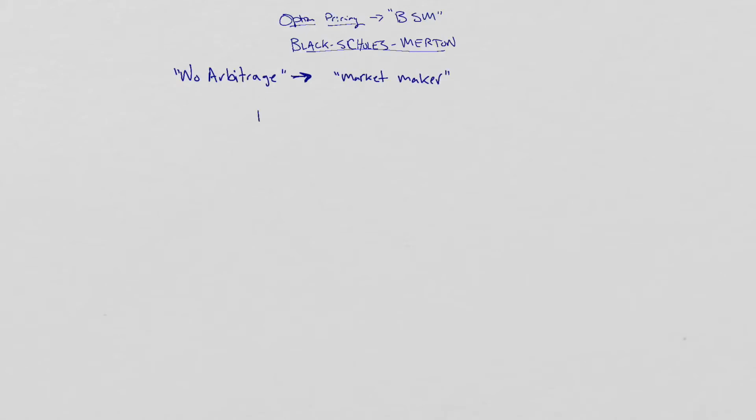Basically, the idea is that, if you have a stock and you have an option written on it, you can trade an option, you can sell an option to someone else, and you can actually eliminate the risk from selling that option by constantly trading in the underlying, constantly trading in the stock itself. For example, if you had a stock, you owned it, you could write a call option.